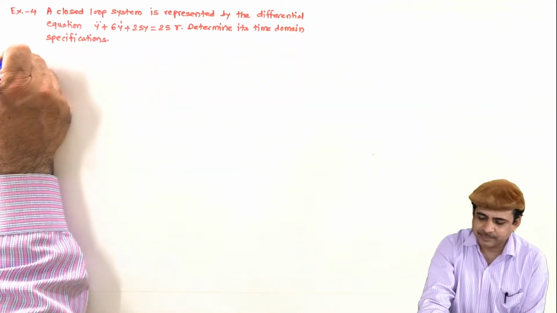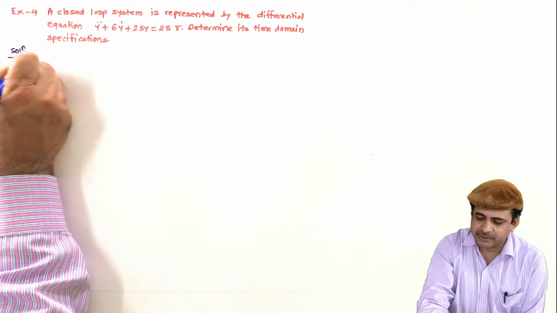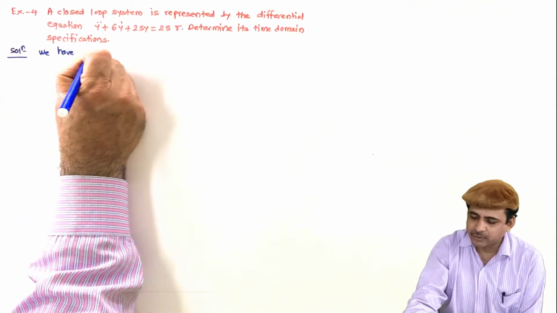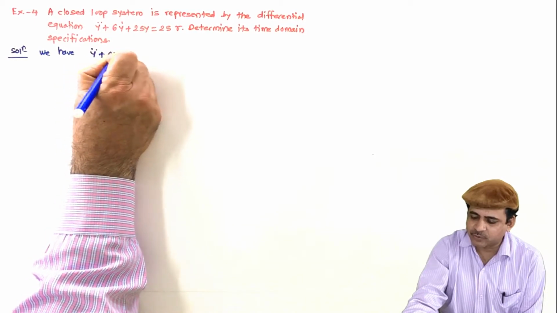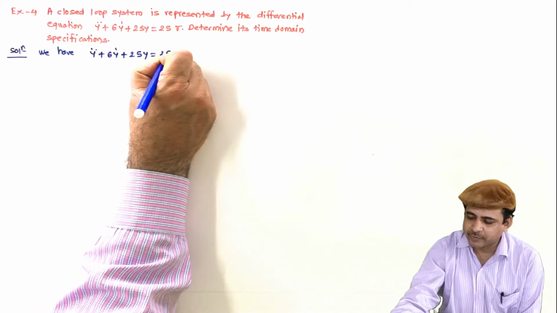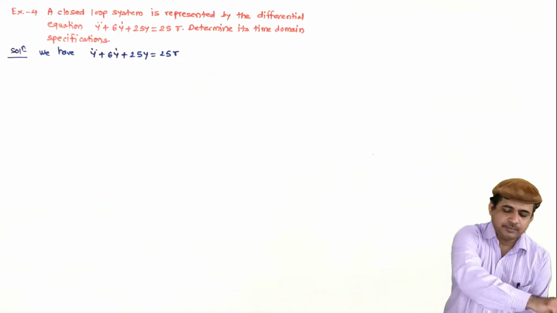Okay, let us start with the differential equation. What we have: y double dot plus 6y dot plus 25y equal to 25r.